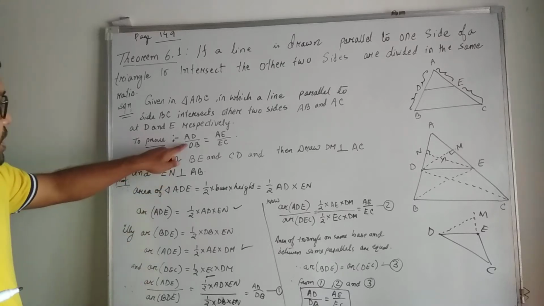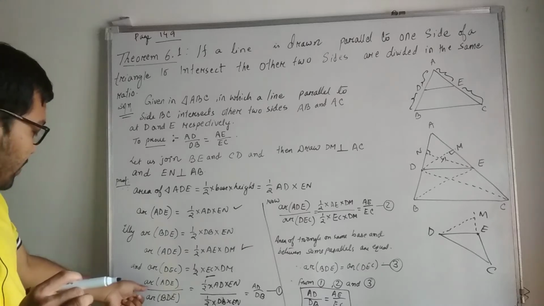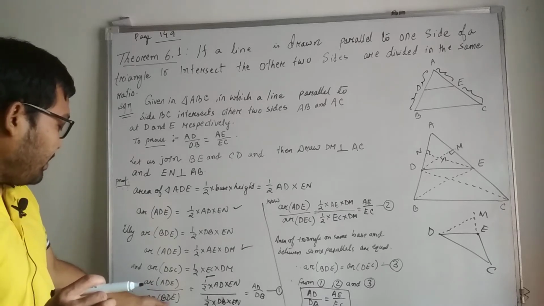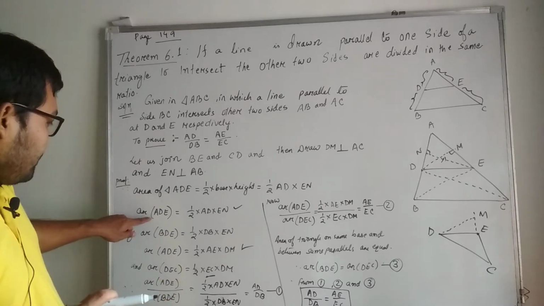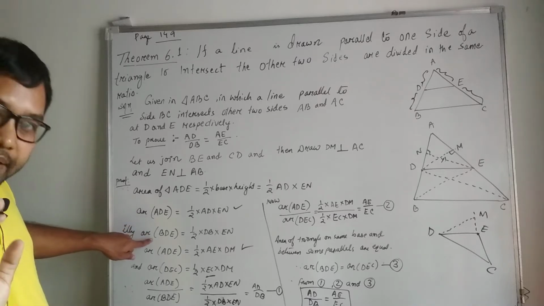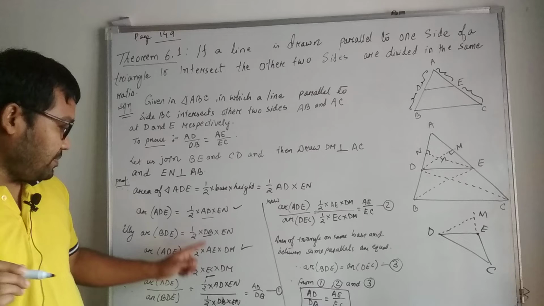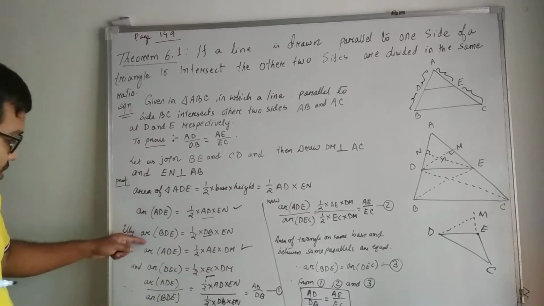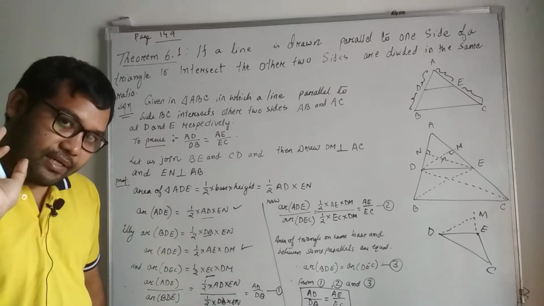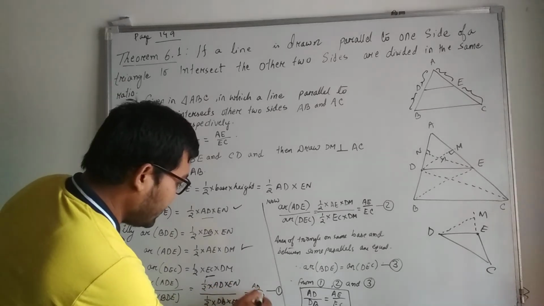Now we are dividing. Why are we dividing? Because we require the sides in the form of proportions. That's why we divide the area of triangle ADE by BDE. And why have we taken these two? Because we require AD by DB. AD by DB is required, that's why we are dividing these two areas. Very simple. Now EN cancels, half cancels, and we get AD by DB.